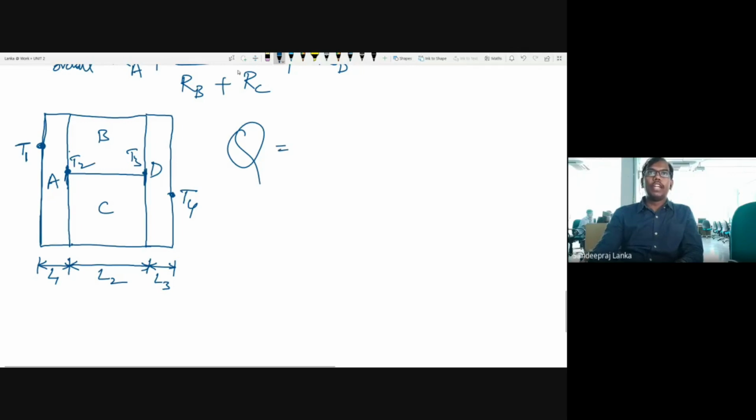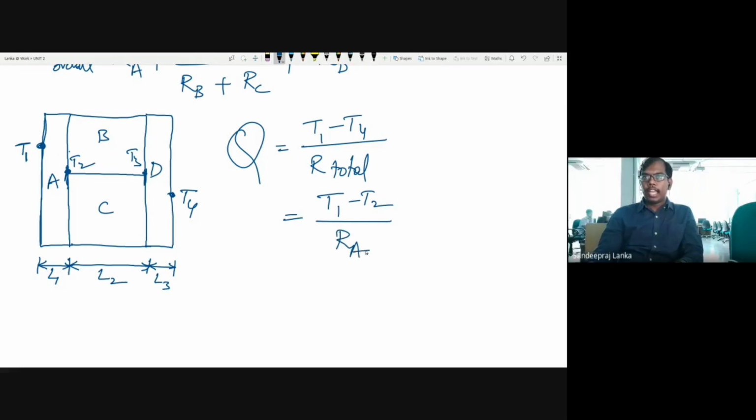Q, one way of writing it is as it is in the top: T1 minus T4 by R total. This is one way. The other way of writing this is with T1 minus T2 terms. The same thing will be equal to T1 minus T2 by RA. The same thing will also be equal to T3 minus T4 by RD.